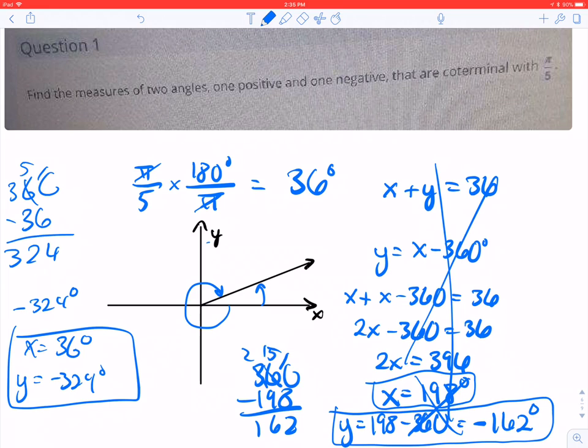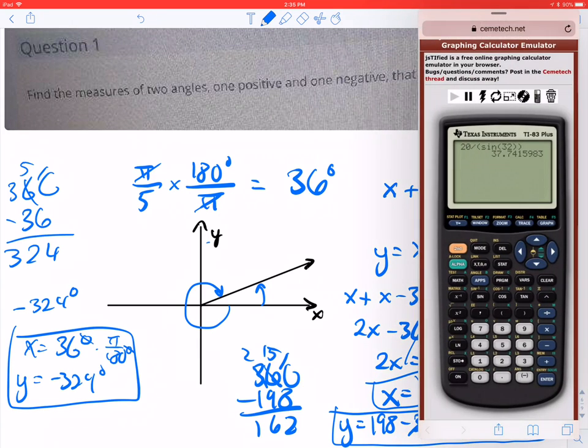Times pi over 180 degrees, the units of degrees cancel. 36 divided by 180 as a fraction is 1/5, so that's pi over 5.